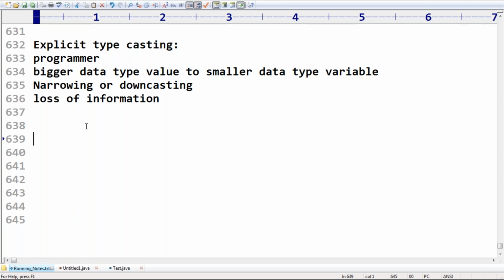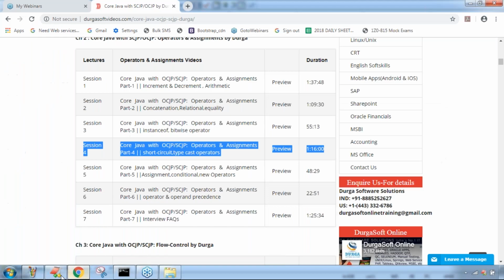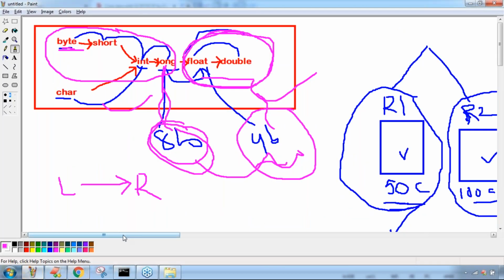Okay, so loss of information may be a chance. Next, which conversions? This is very important, friends. Here, if you want to move left to right in this diagram, is any typecasting required? Please confirm, left to right, is any explicit typecasting required?